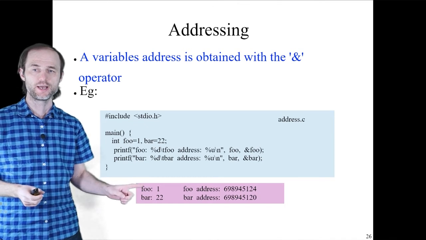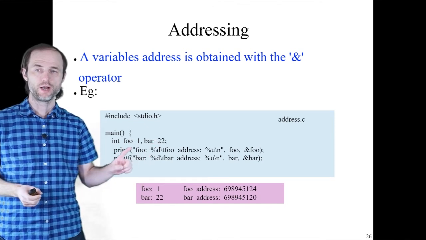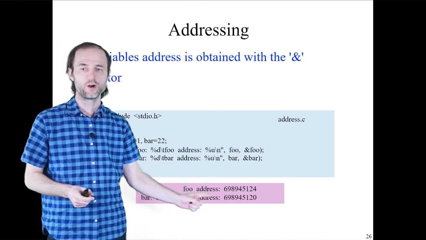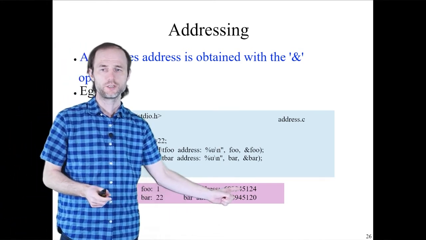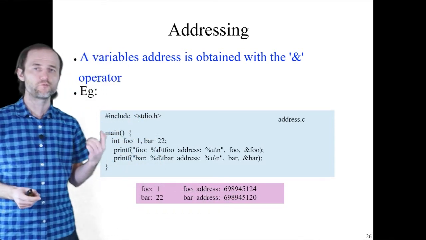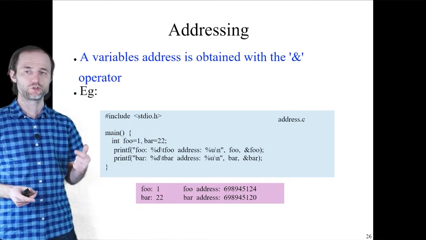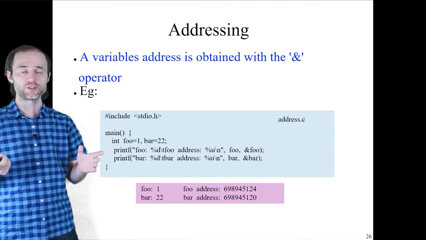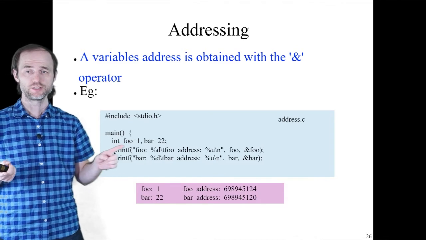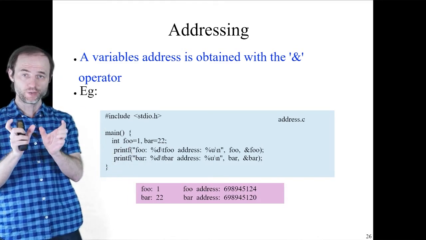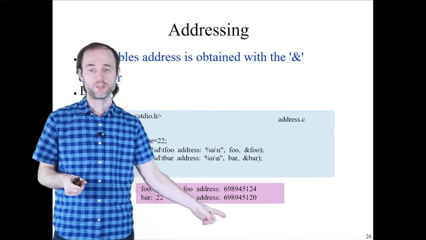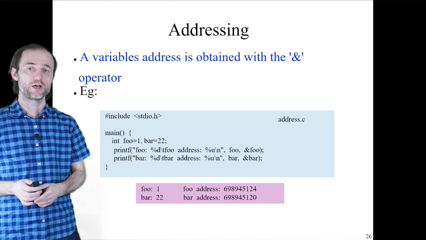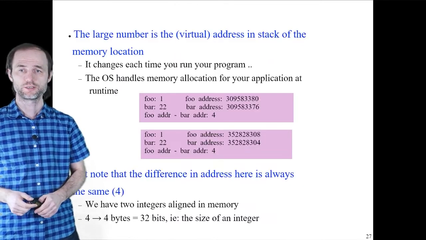You can see that these variables were defined one after the other, so their addresses are almost sequential, but not quite. The address of foo is 4 units larger than the address of bar, and 4 bytes is precisely the length of an integer variable. So indeed, these variables are sitting in memory back to back, and that's why the addresses differ by 4 bytes. And of course, the values of the variables are the ones we expected, the ones that we assigned.